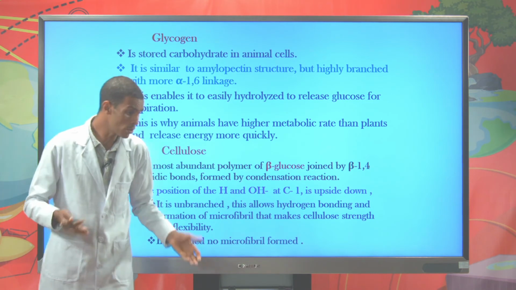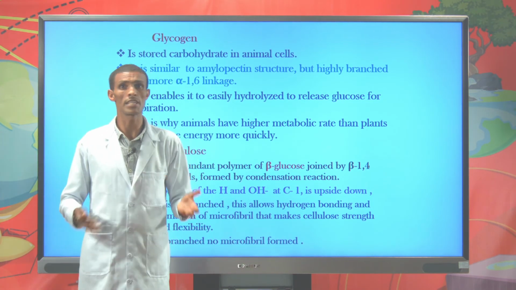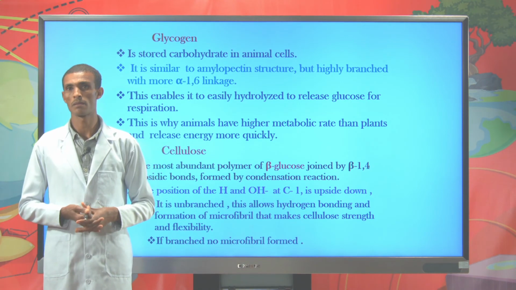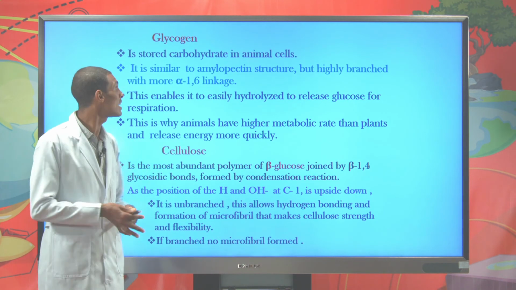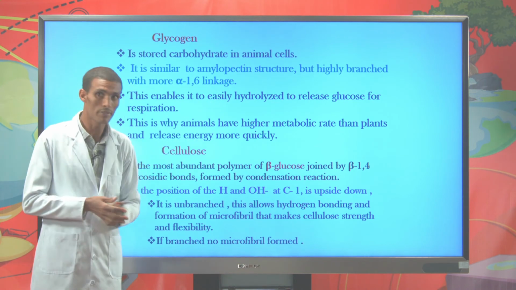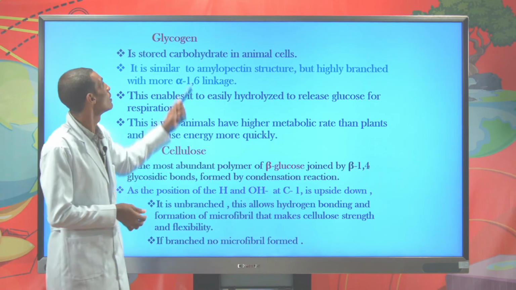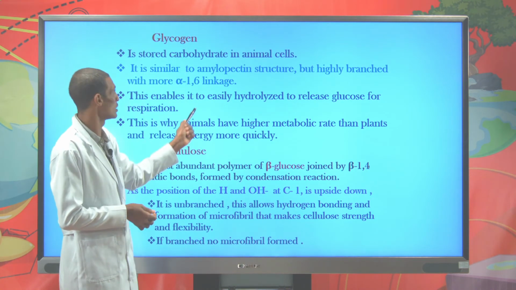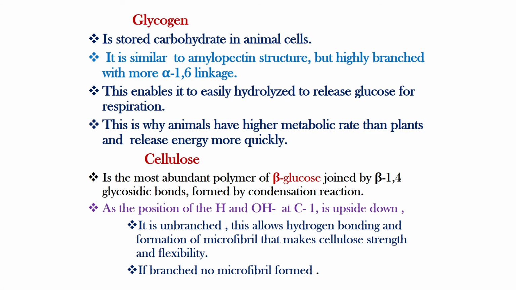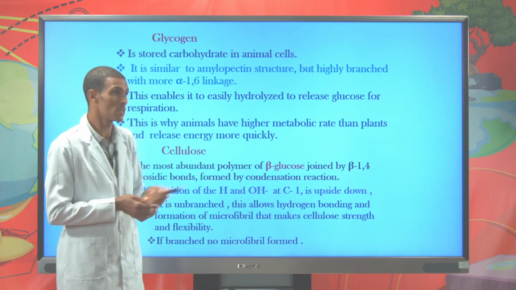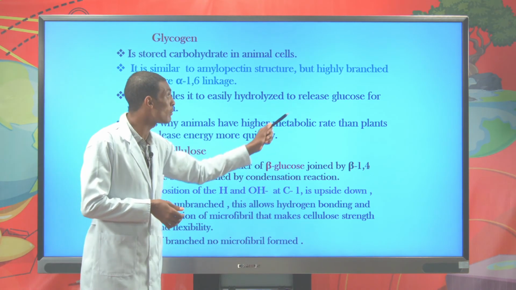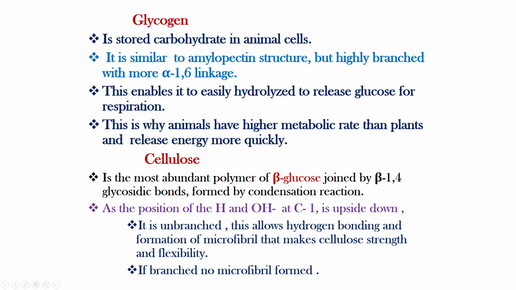Student, which do you think is more metabolically active, plant or animal? Well, animals are highly metabolically active because of the more branched nature of glycogen, the alpha 1,6 linkages. It is easily hydrolyzed to release energy from glucose during respiration. Because of that, animals have a higher metabolic rate than plants.